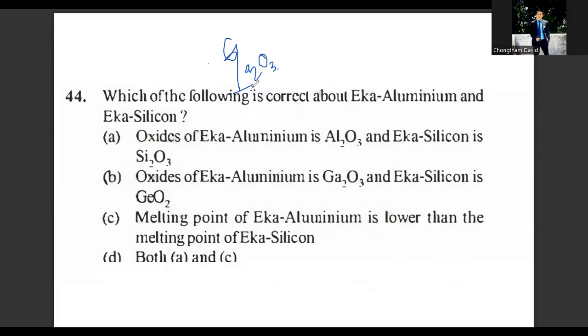It melts at 27 degrees, and our human body has a temperature of 37 degrees. Anyway, gallium oxide is the oxide of Eka aluminum, and the oxide of Eka silicon is germanium dioxide. The melting point of Eka aluminum is low, around 302 Kelvin, and Eka silicon has a very high melting point, that is 1231. So both A and C would be the correct answer. So option D is the answer to question number 44.